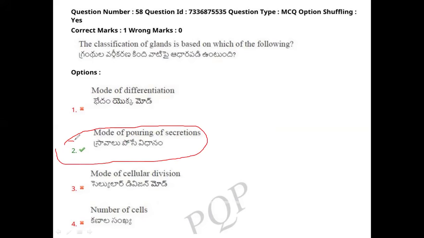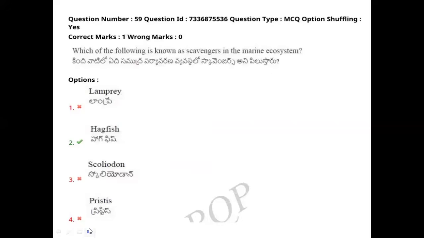There are 2 types of glands, exocrine glands and endocrine glands. Exocrine glands are also called duct glands, because these glands have ducts. The secretions produced by an exocrine gland are poured out through the ducts, so we call them duct glands. Endocrine glands we call ductless glands, because they have no ducts. The secretions are released directly into the blood, and from the blood they are distributed through different parts of the body. Done. So by the mode of pouring of secretions, you have 2 types of glands, exocrine and endocrine. A question can also be asked like this: exocrine glands are duct glands, endocrine glands are ductless glands.